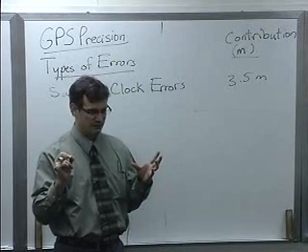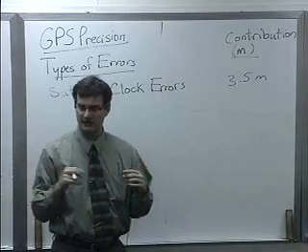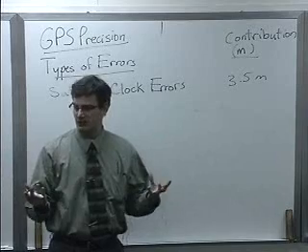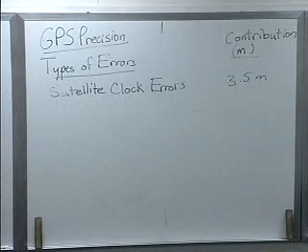Time is the one thing that we can measure to arbitrary degrees of precision, practically. Everything else is sort of based on time. So satellite clock errors, 3.5.